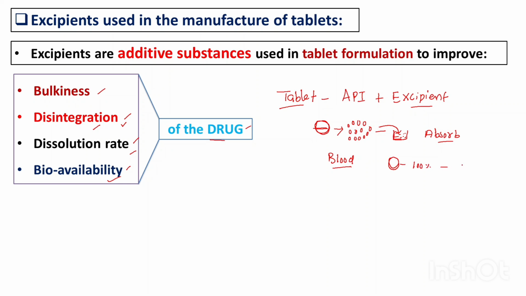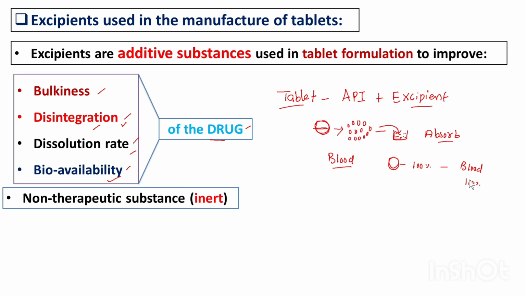After metabolism, in our bloodstream the main API is also available at 100%. Then only we can say the bioavailability of the specific dosage form is 100%, and in that way we can get the better pharmacological action after taking a specific dose, right?